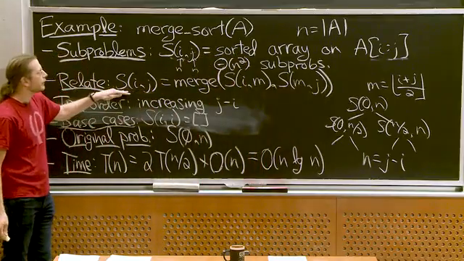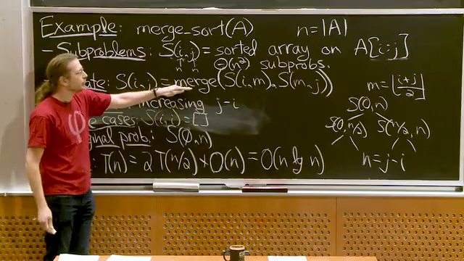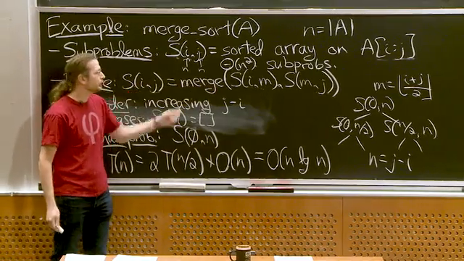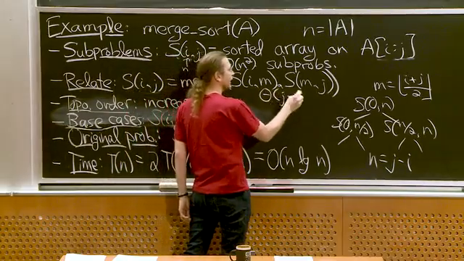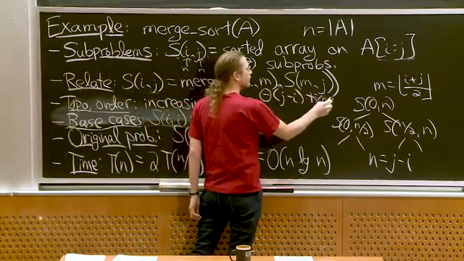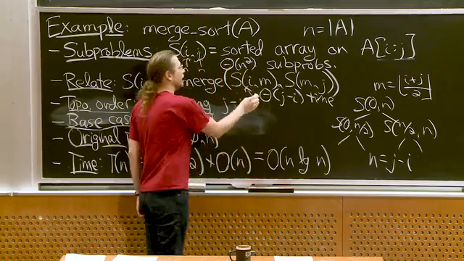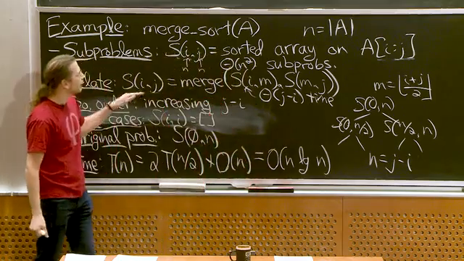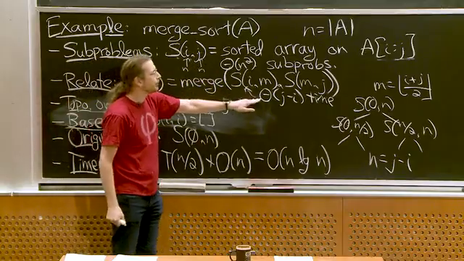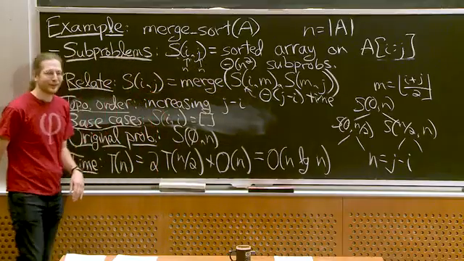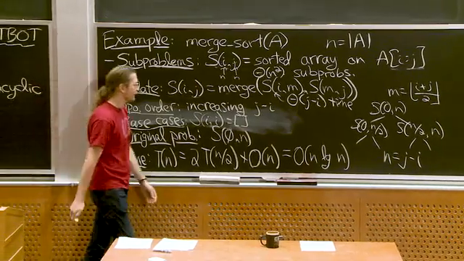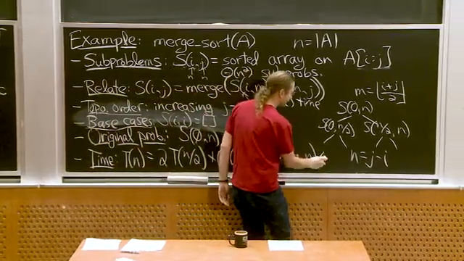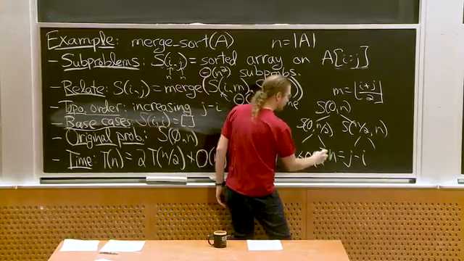Well, to solve S of i, j, we have to merge about that many elements. We know merge takes linear time. And so this takes theta j minus i time to evaluate. And so what we'd like to do is sum over all the subproblems of j minus i. This is not the triangular number, but the tetrahedral number, I guess. And so we end up that the running time is at most n cubed.